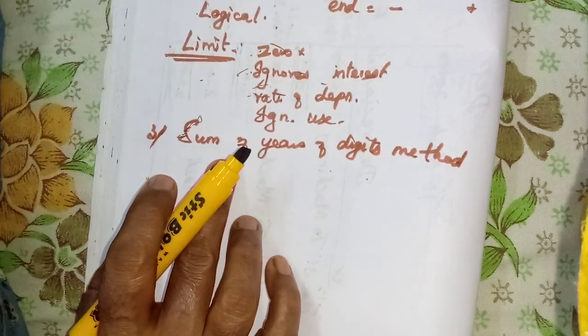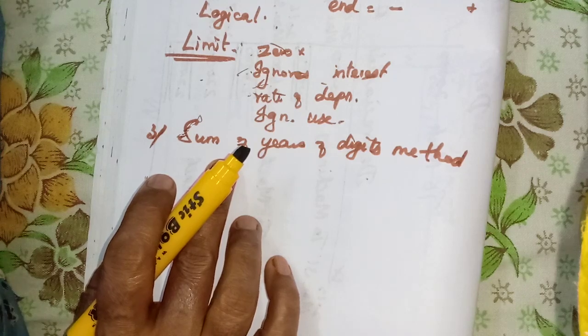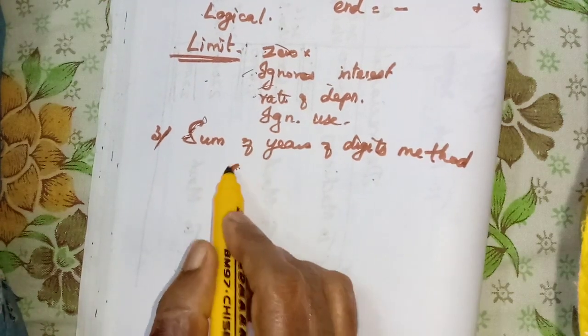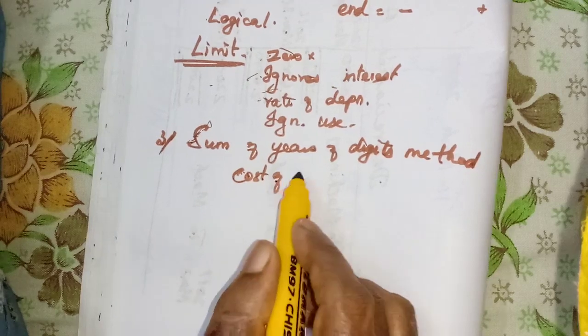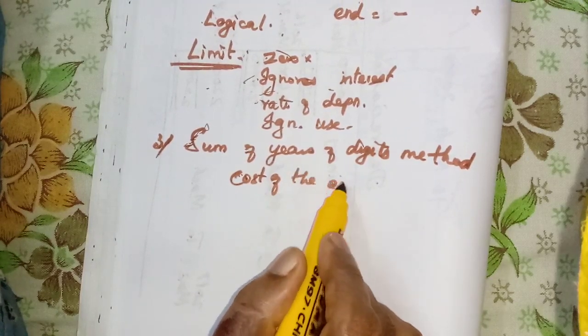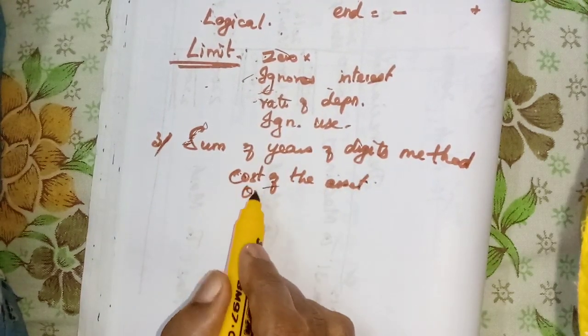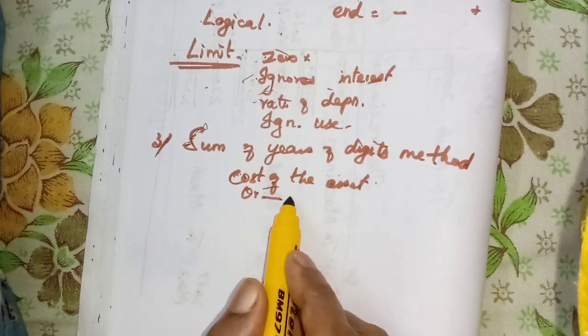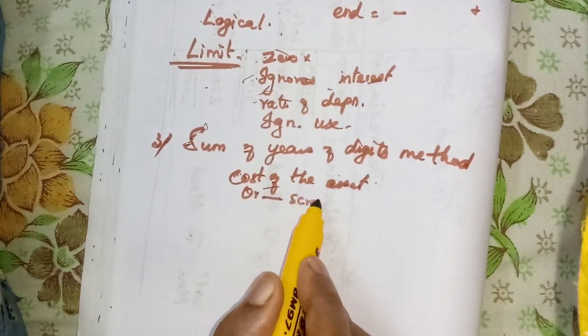Here, how do they calculate the amount of depreciation? They will multiply the cost of the asset. That means cost of the asset means what? Original cost minus scrap value, isn't it?